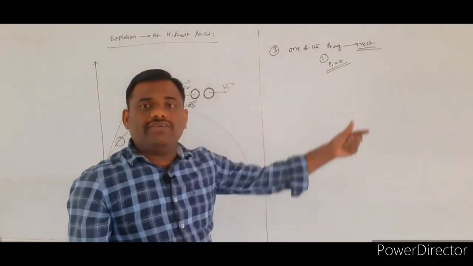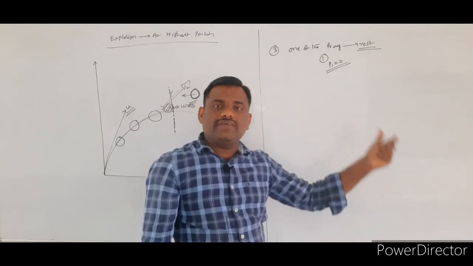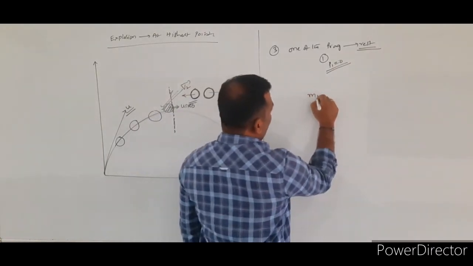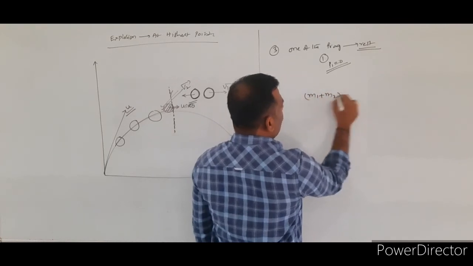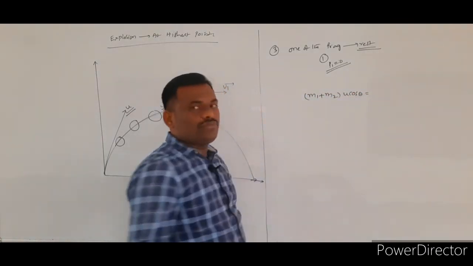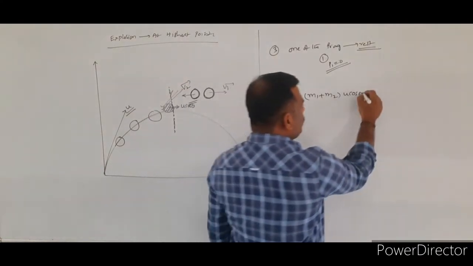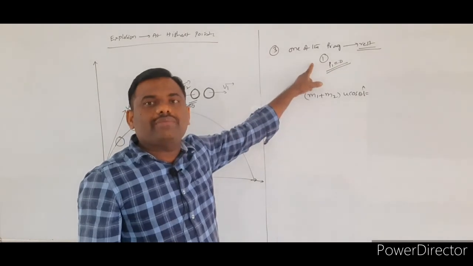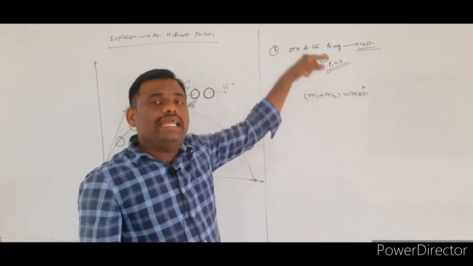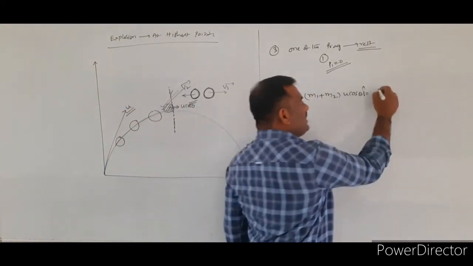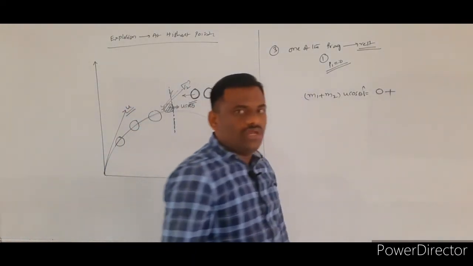Once again we apply the law of conservation of linear momentum. Before the collision we already know the momentum value is (m1 plus m2) into u cos theta into i cap, and the momentum of the first fragment is 0. Why? Because it is assumed to be at rest.